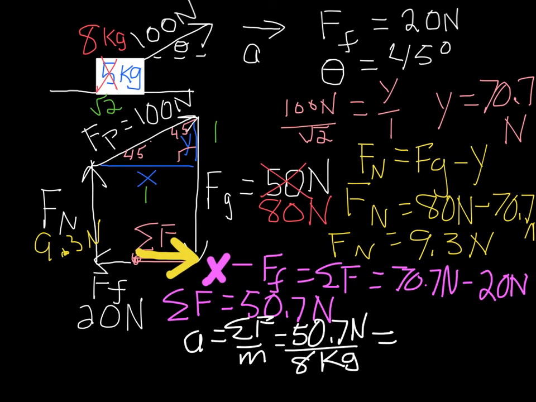And according to my calculator, that would be 6.3 meters per second per second. Now, once again, this says second squared, but we pronounce it 6.3 meters per second per second. This is just a shorthand way of writing it.